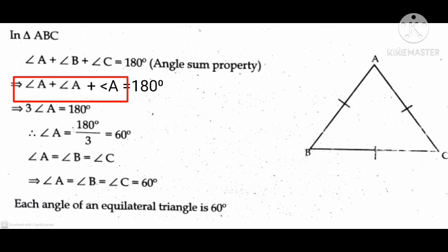Angle A plus angle A plus angle A means 3 angle A, that is equal to 180 degrees. Therefore, angle A is equal to 180 degrees divided by 3, sending 3 to the right side. After cancellation, we get 60 degrees. Angle A equal to angle B equal to angle C. Therefore, angle A equal to angle B equal to angle C is equal to 60 degrees. Each angle of an equilateral triangle is 60 degrees.